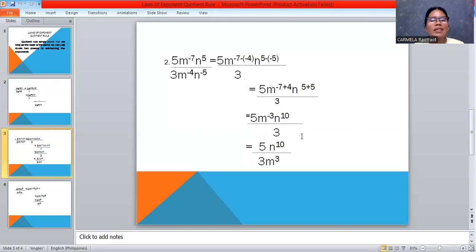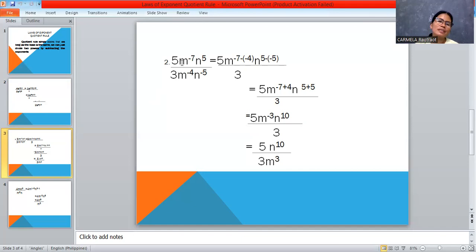5m raised to the power of negative 7, n raised to the power of 5 over 3m raised to the power of negative 4, n raised to the power of negative 5. First, look at the numerical coefficients and check if they can be divided. There is no GCF for 5 and 3.